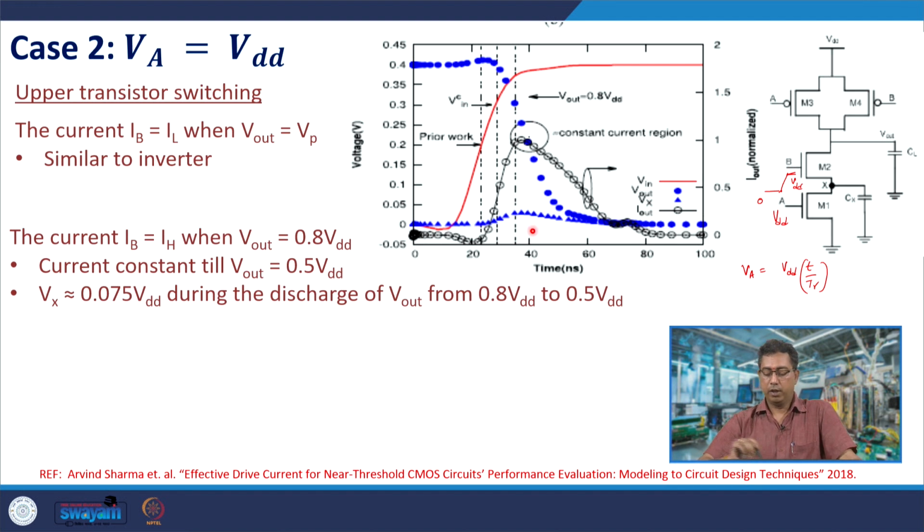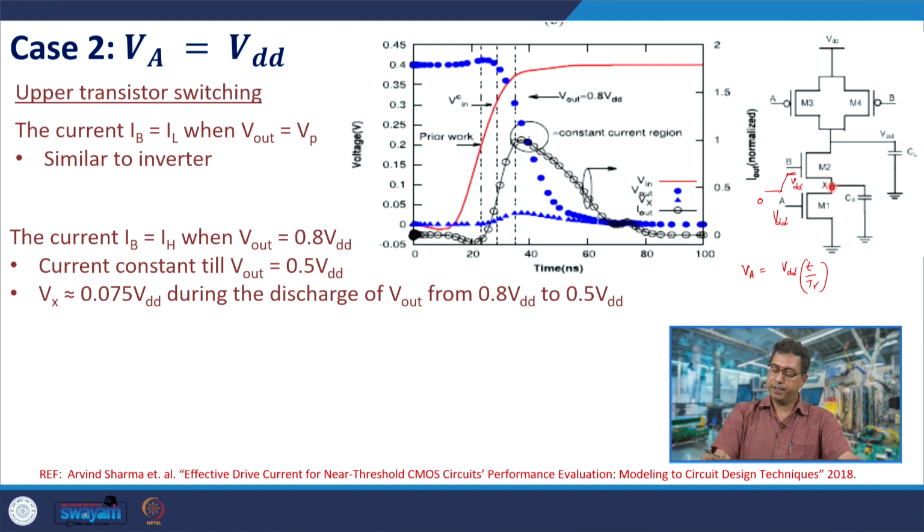So, here what we observe is that node X is initially at 0 volts, because A is at VDD and B is at 0 initially. Once the input begins to switch to a higher value, there is a current that would start flowing. So, this case is almost like that of an inverter.